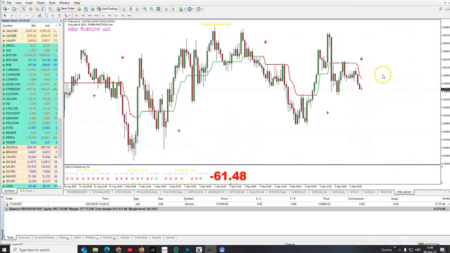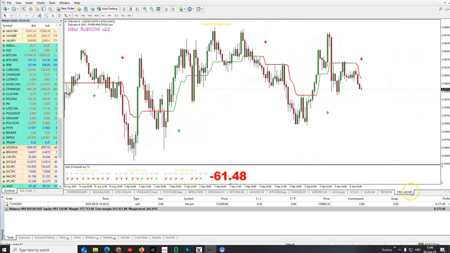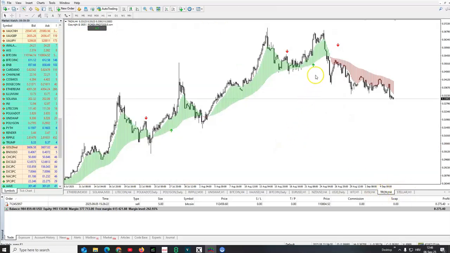This is the RUBICON standard version. You see, we should enter the trade here, but the markets on this broker are closed. And you get this version. This is also v25 RUBICON, but it is the AI version, so artificial intelligence is helping us here to trade.